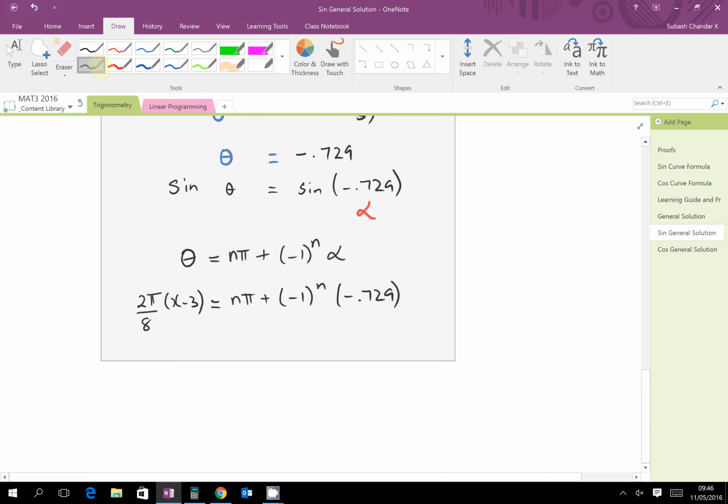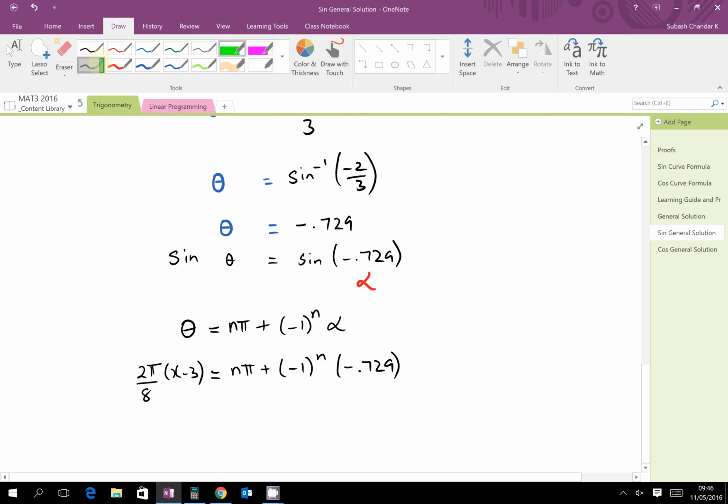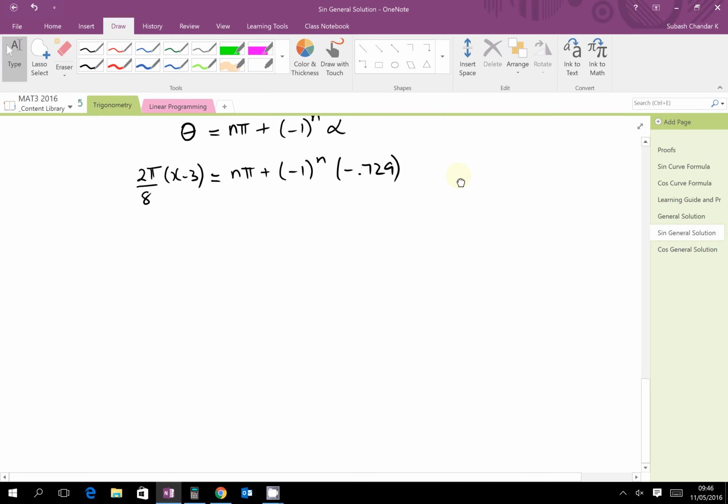So from this point, all we have to do is rearrange so that x is by itself. That's all. And then if you simplify it, you have your equation for general solutions. And I'll show you guys that it actually gives out all the points as well. So rearranging this, because it's 2 pi over 8, I can write it as pi over 4, n pi plus negative 1 n.